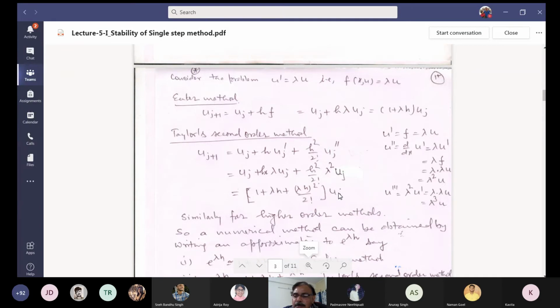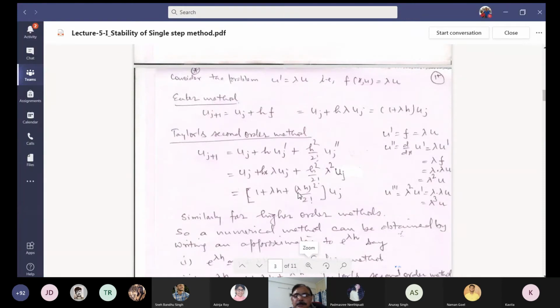Now, instead of e to power lambda h, for the numerical method, u j plus 1 equals something, let us write capital E of lambda h into u j, some approximation to e to power lambda h. Either we write 1 plus lambda h, or we write 1 plus lambda h plus lambda square h square by 2. So up to the first term, this is the approximation for e to power lambda h, and up to the second order term, it will be this approximation. Yes or no?